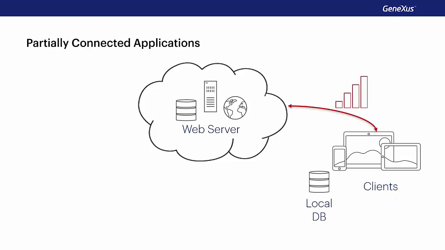Now let's see the case of partially connected applications. It may happen that part of the application keeps running when it's disconnected from the internet, while the other part of the application must stay connected in order to work. This is the case of the event day application, because we'll want the user to continue viewing the entire conference schedule and all the related information, even when there's no internet connection.